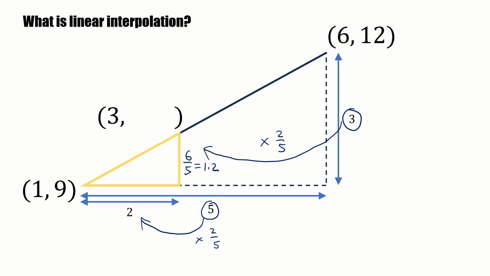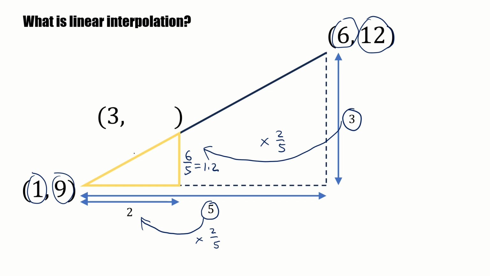Well, what you might notice is that the two points on the ends of the diagonal line have x coordinates of 1 and 6, which are conveniently separated by a gap of 5, which is hence why the triangle's got a width of 5. And then they've got y coordinates of 9 and 12, which are conveniently separated by a gap of 3, hence why the height of the triangle is 3.